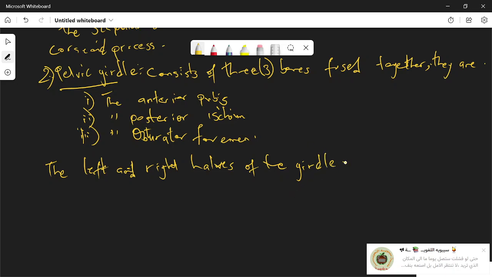They are joined together at the pubic symphysis.